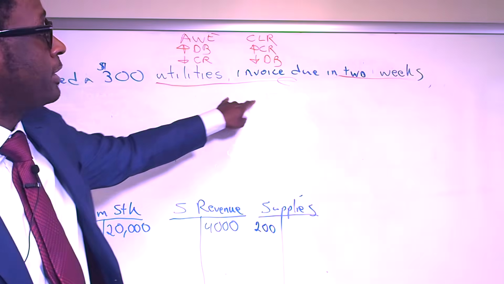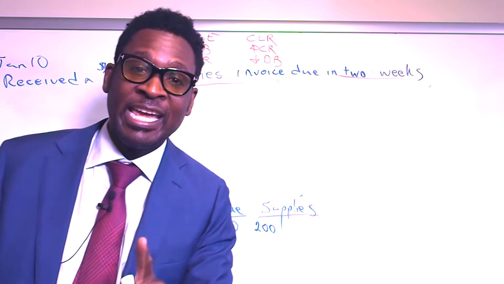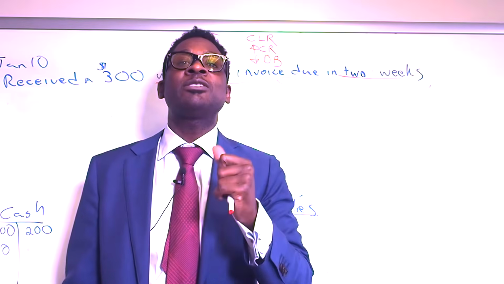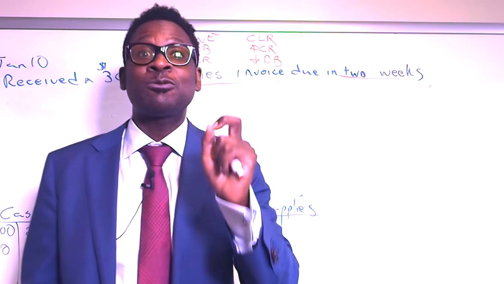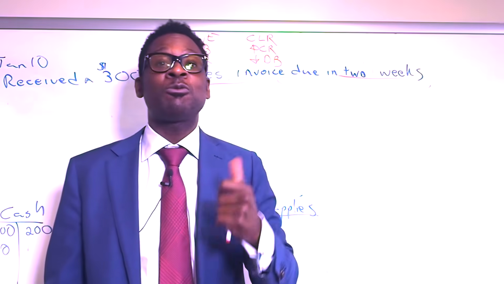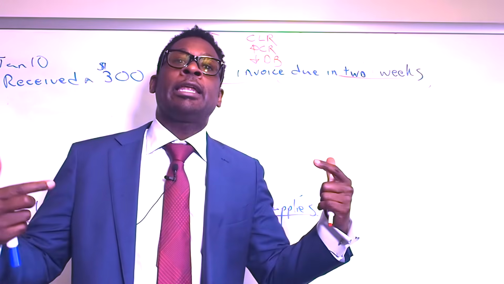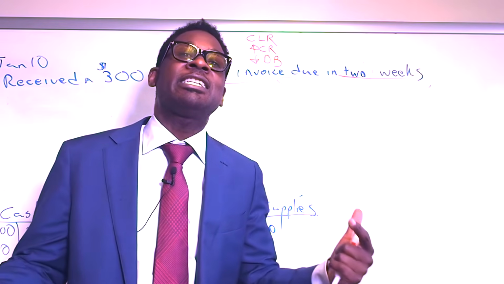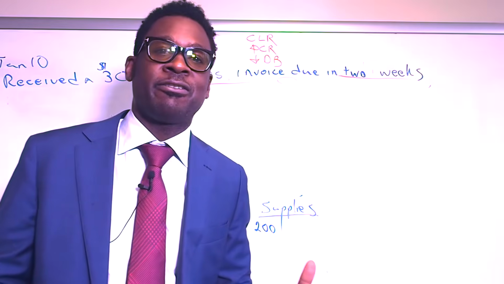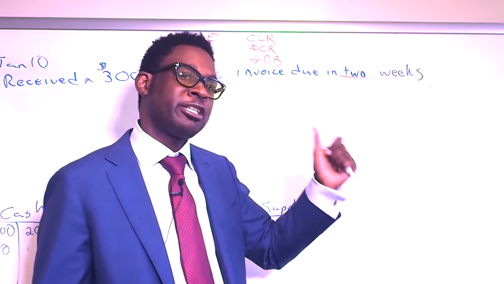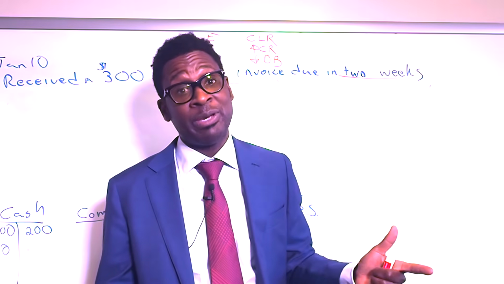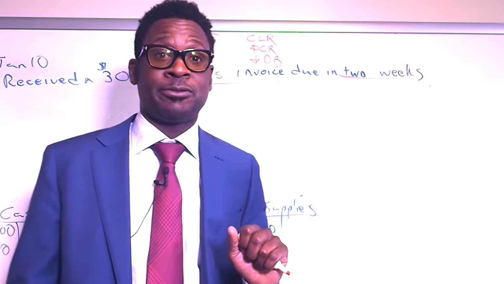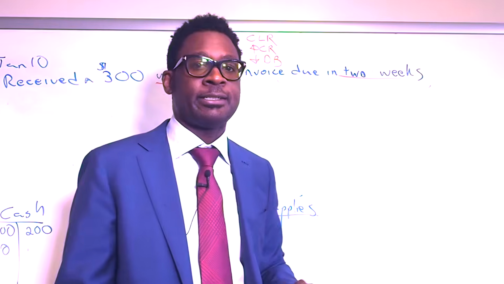Now, because it's due in 2 weeks, we haven't paid for it yet, which means we owe on this utilities invoice. And since we owe, that means we also have a payable, a liability that has been created, right? So we have utilities expense, and I'm going to go ahead and call it utilities payable. 2 accounts. Now, how were they affected?